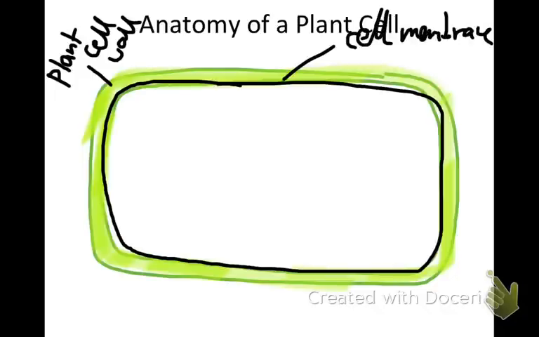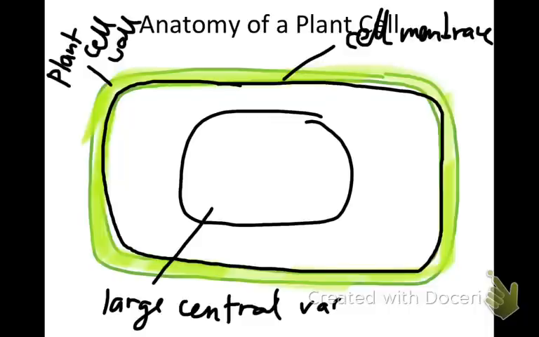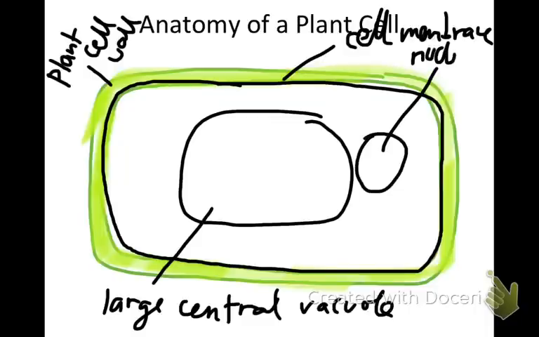And inside we've got the large central vacuole. And then we've got a nucleus. That's important. And we've got the ribosomes, the endoplasmic reticuli, and everything that's important that we talked about in eukaryotic cells.